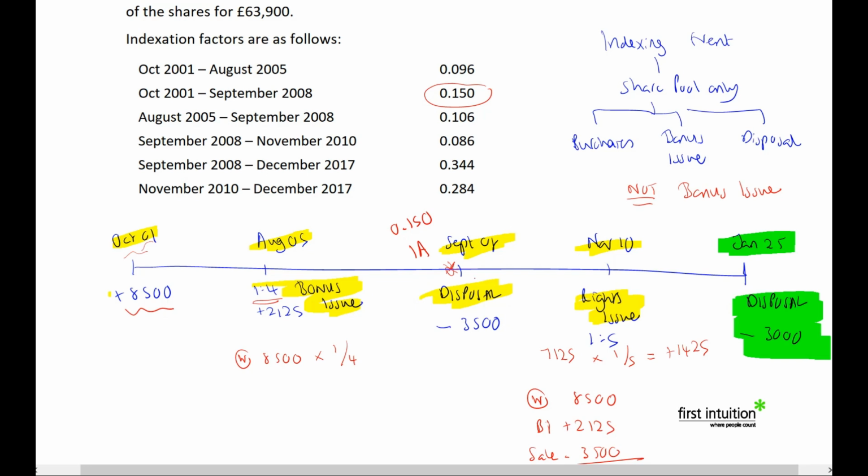Then I'll move along and say, okay, the next thing that happens is a rights issue. That also is an indexing event. It also affects the cost. So I now need to index from September 08, which is the last time I indexed, till November 10. September 08 to November 10.